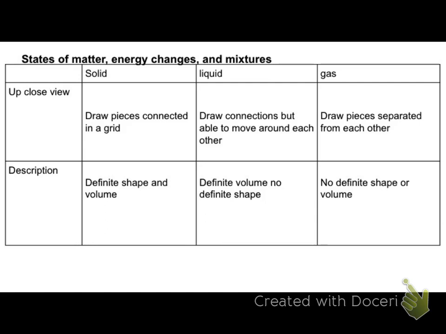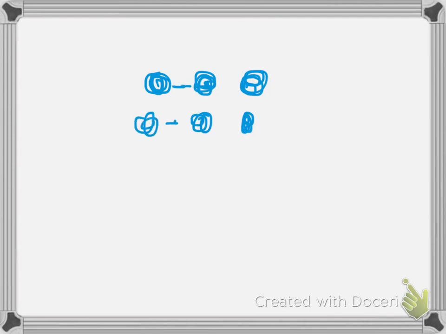But if we had a solid, you can imagine solids have atoms that are connected to each other by very strong bonds. So what happens is they tend to be very rigid and they're connected sort of like this.